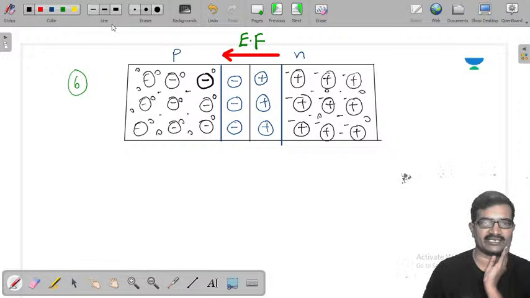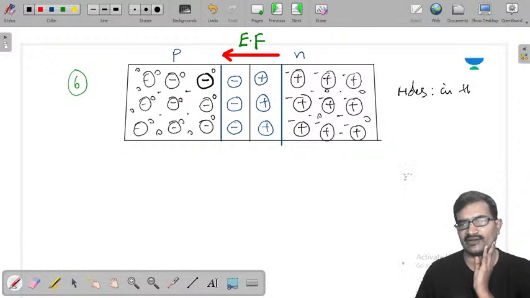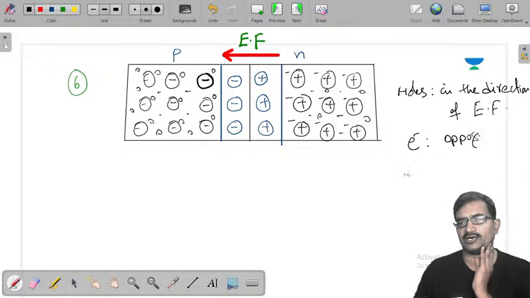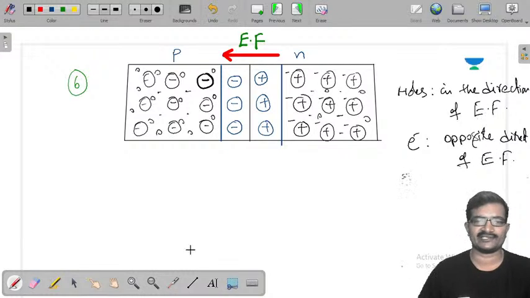Okay, so I am representing that here. Holes movement is in the direction of electric field, and electrons in the opposite direction. Just keep this point in mind.